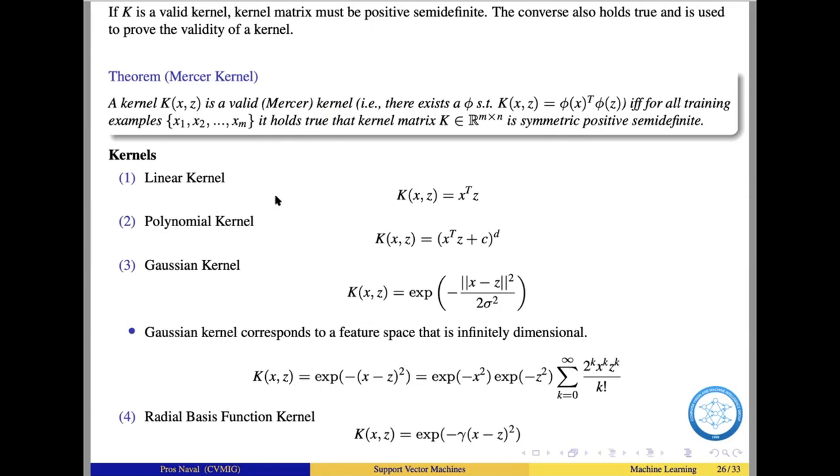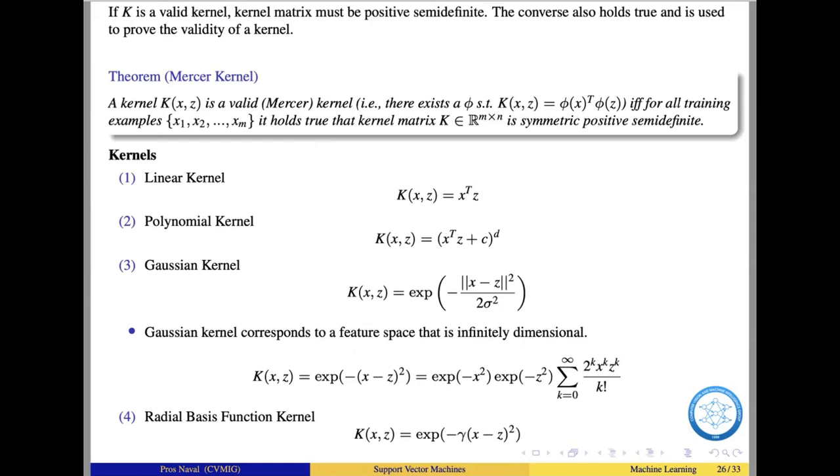You have the linear kernel, which is this, the polynomial kernel, where d here is an integer, and the Gaussian kernel. This kernel is called the Gaussian kernel. The Gaussian kernel corresponds to a feature space that is infinitely dimensional.